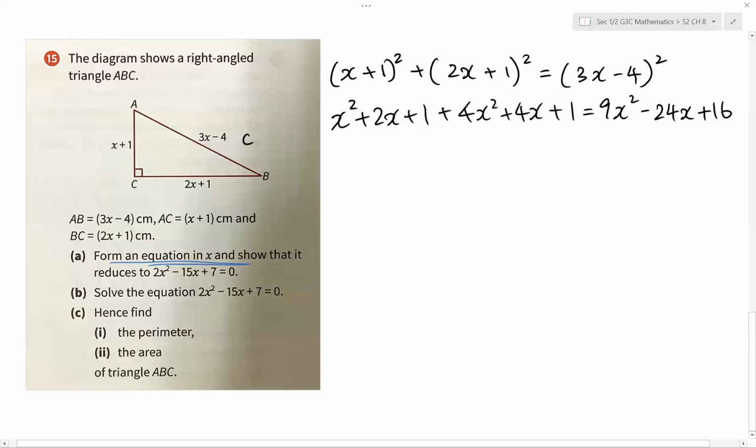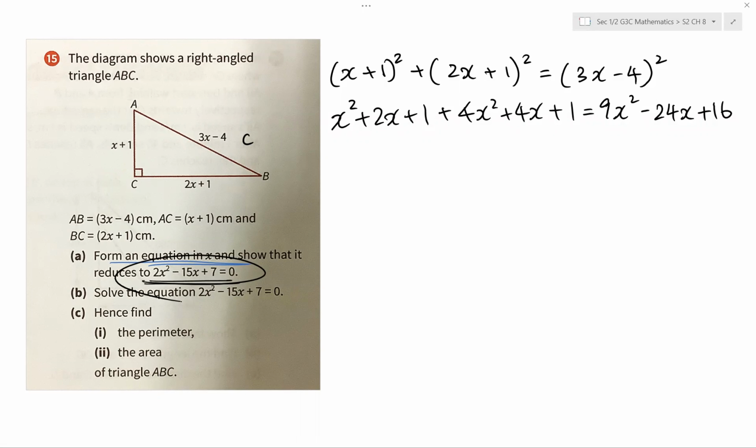Don't need to do the rainbow if you have already memorized the expansion for your a plus b squared. Now what we have to do is, after you form already, show that it reduces to this. Group all your like terms together. Since this equation starts with a 2x squared, I would like to put all my x squared to one side such that I get positive x squared.